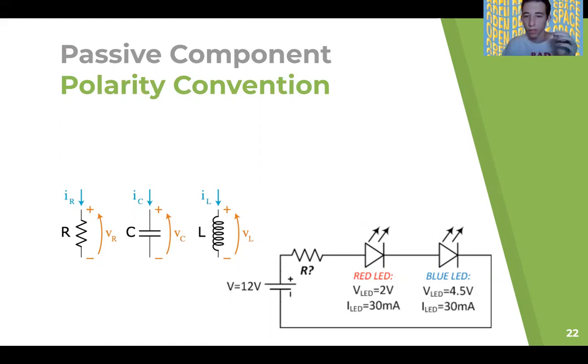And then we mark on the components the polarity of it. So the current flows into the positive side and exits the negative side. With the resistor, we see the current's flowing in, positive, negative, and we say the voltage jump across it is going the opposite way because it's like you're losing voltage. So you would gain voltage if you went up the other way. And it's similar for the capacitor and inductor.